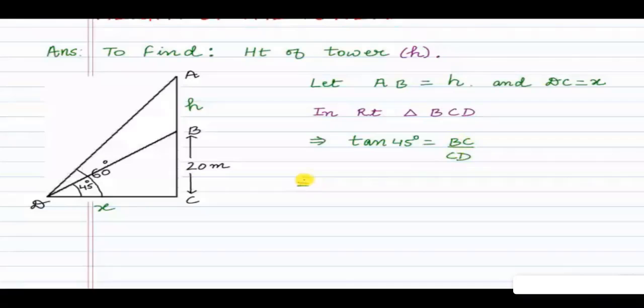Putting the values here, we know that tan 45° is equal to 1. In place of BC here, we can write 20 divided by CD. We have supposed it to be equal to X. So from here, our X will come out to be equal to 20 meters.